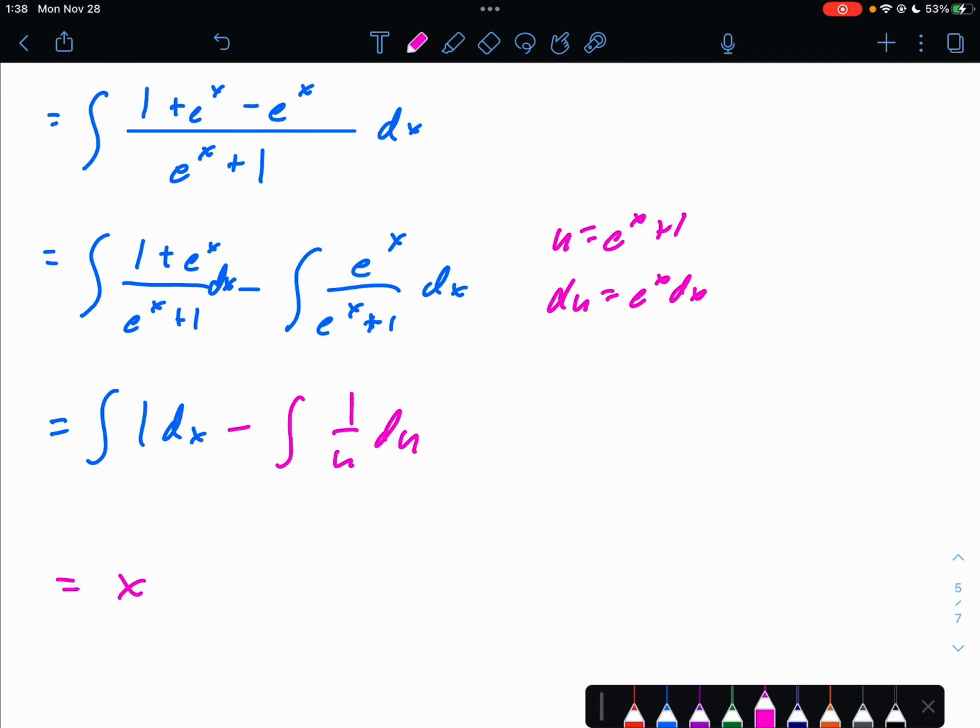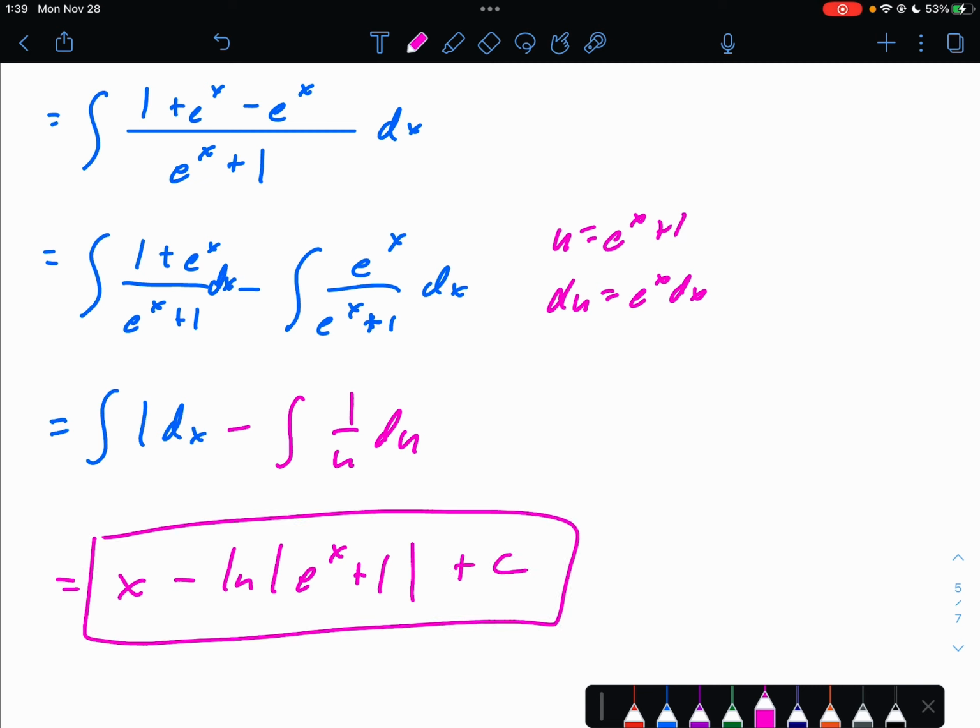So that would just be x minus ln absolute value of u, or ln absolute value of e to the x plus 1 plus c. And I guess we could actually drop the absolute value bars there because this will always be a positive number. So we can just make that parentheses if you want.